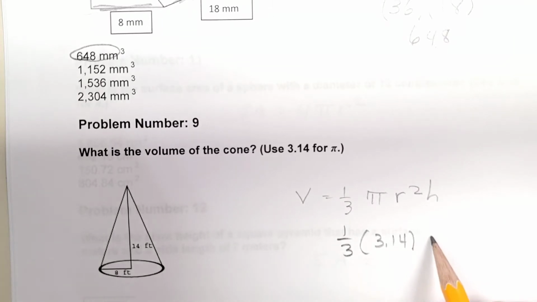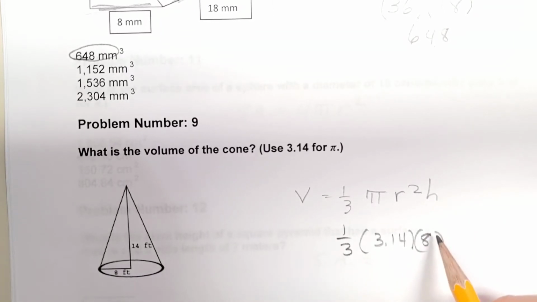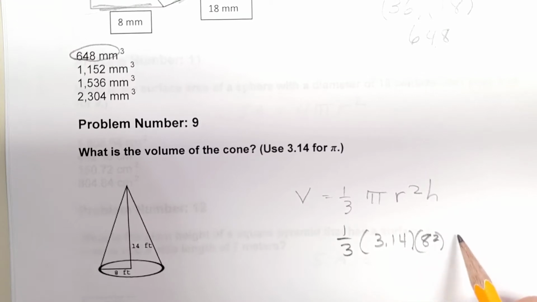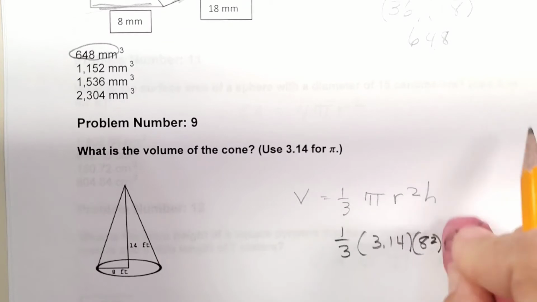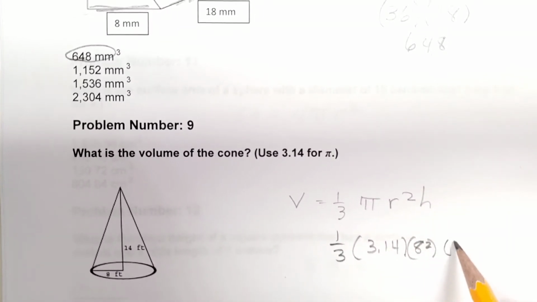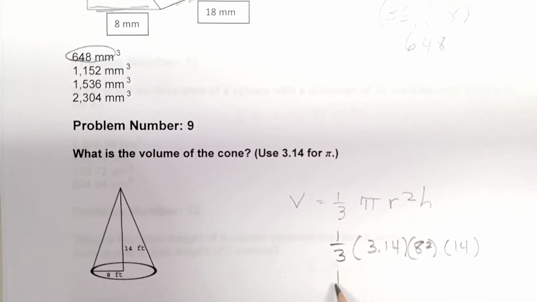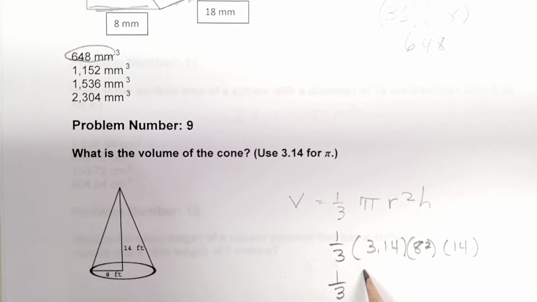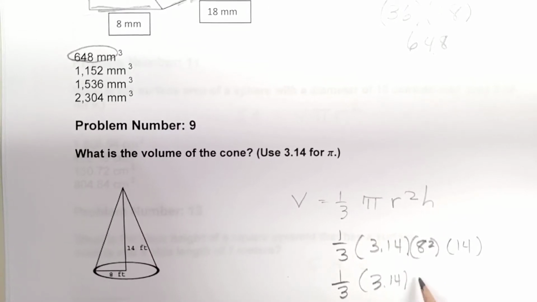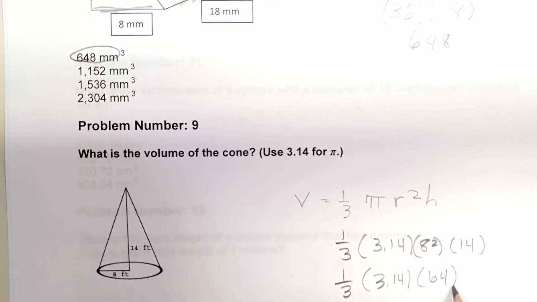Sorry, that was very confusing. Square the 8 and multiply by the height, which is 14. Okay, I'll erase that, put 14. Okay, 1/3 times 3.14 times 64 times 14.